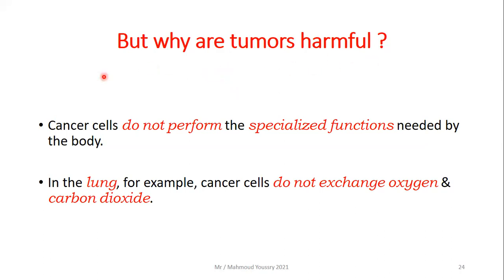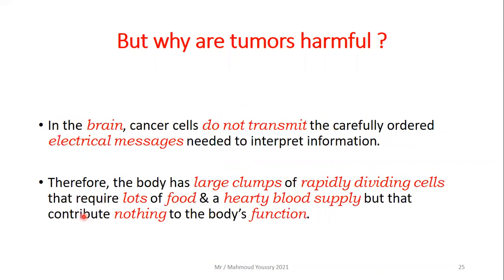But why are tumors harmful? Cancer cells do not perform the specialized functions needed by the body. In the lung, for example, cancer cells do not exchange oxygen with carbon dioxide.